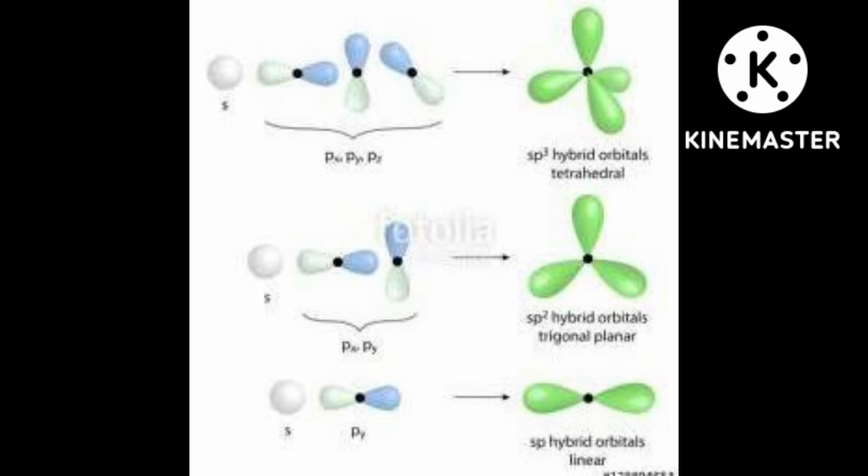Now, what are the conditions for hybridization? That question is also asked. There are four conditions. The first condition is that only the orbitals present in the valence shell of the atom are hybridized.